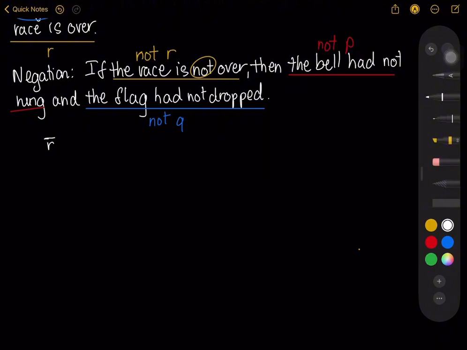So the line on top of the R. Or you can do something like this. This is not R, and also this. If you see some college algebra videos, you'll see people use this symbol a lot, but I like this way better because it's simple. So yeah.